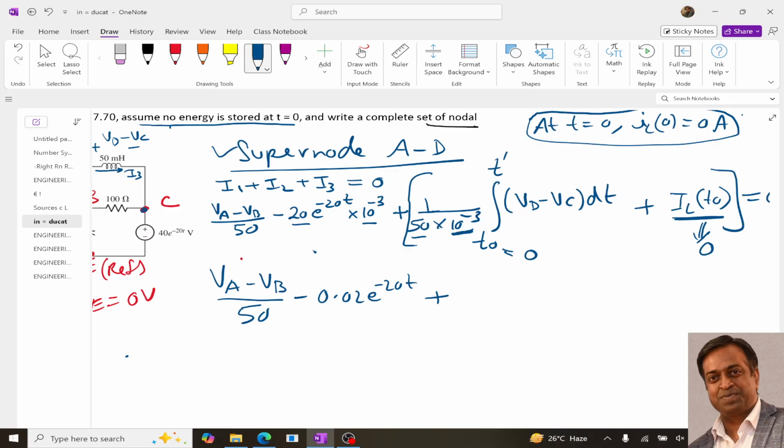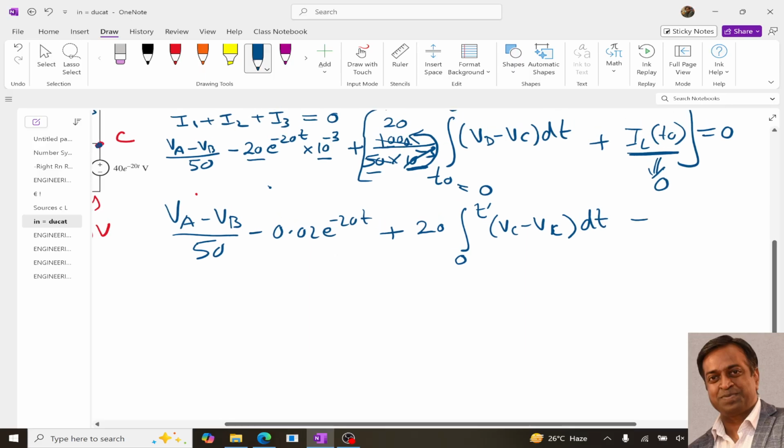So 10 power minus 3 can be taken to the numerator, so it will become 1000, and then 1000 upon 50 will be 20. So 20 integration, and this will be t dash, this will be 0, VD minus VC dt is equal to 0, right? This expression will become 0.